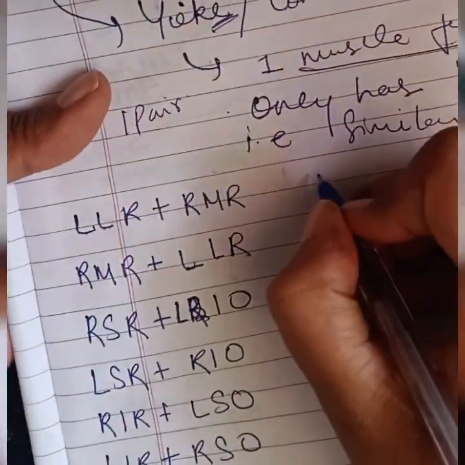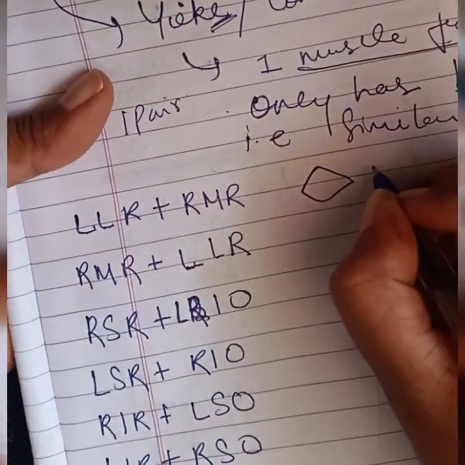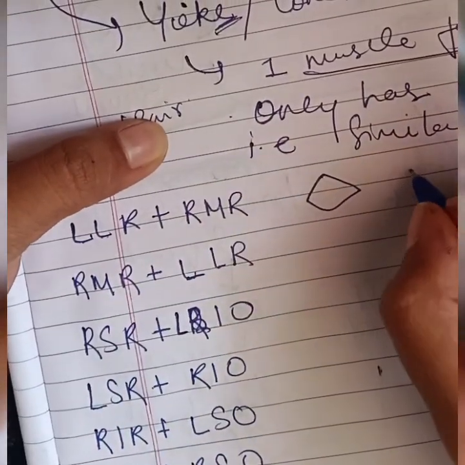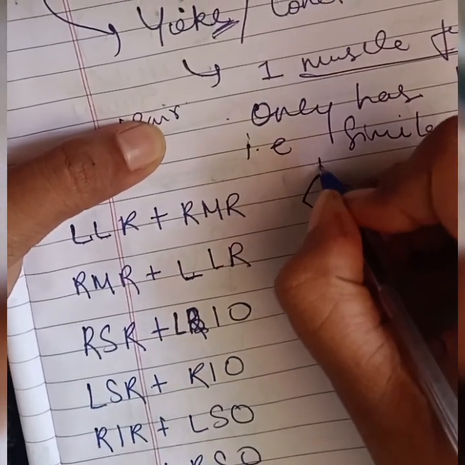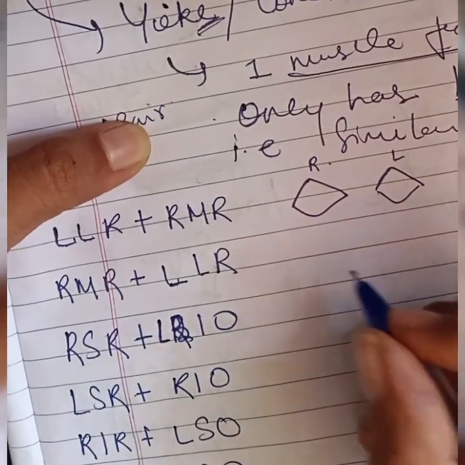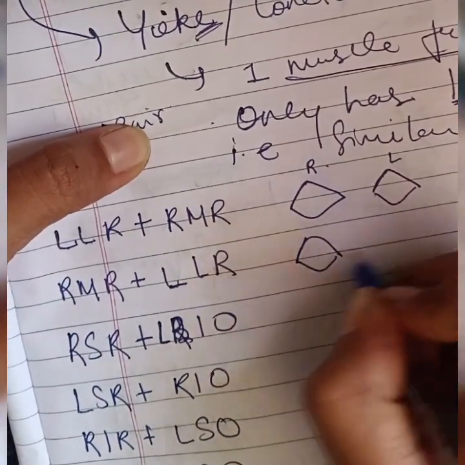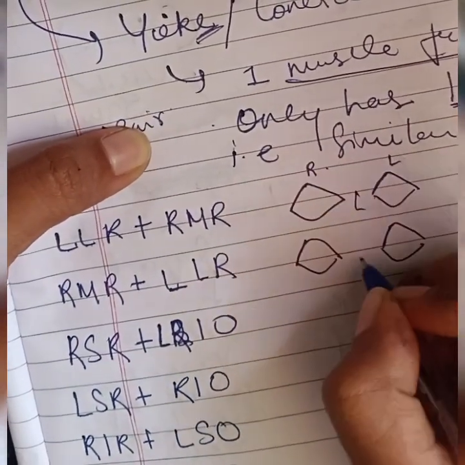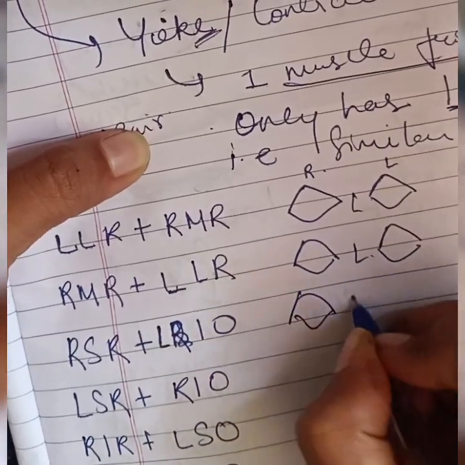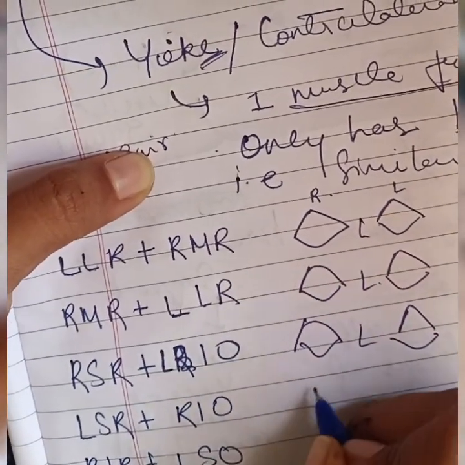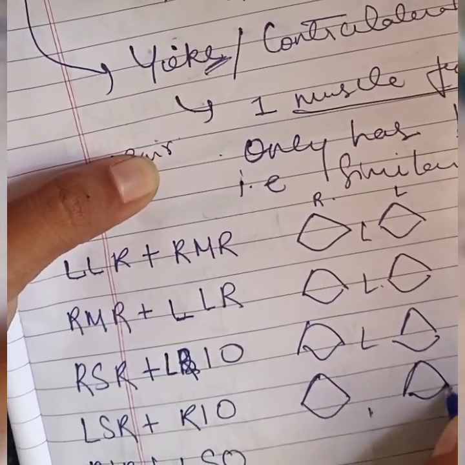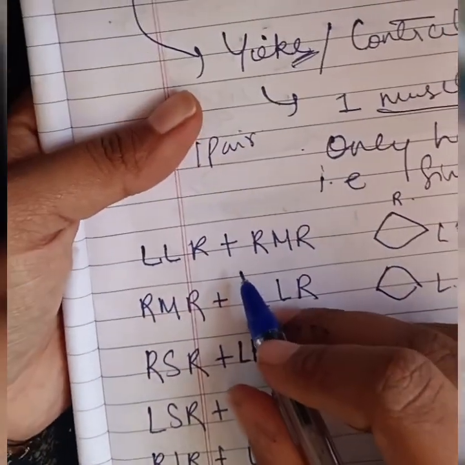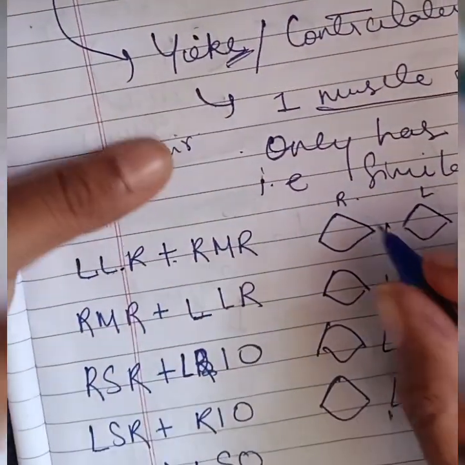So how? Left lateral rectus and right medial rectus. So this is right eye, left eye, and nose. Okay, so first is your left lateral rectus.